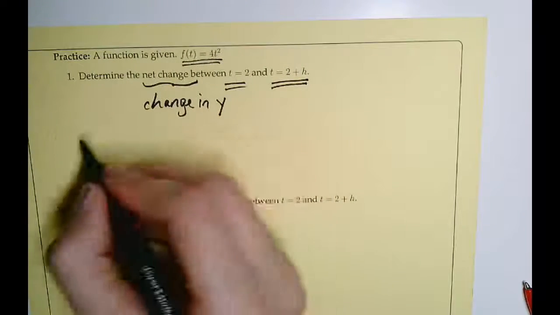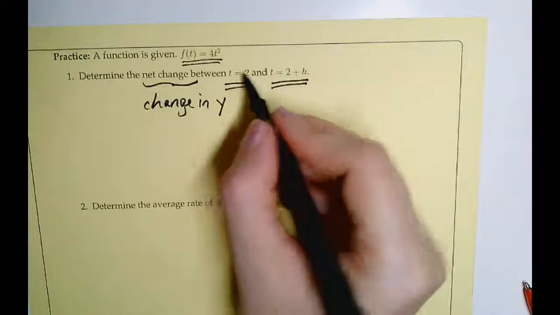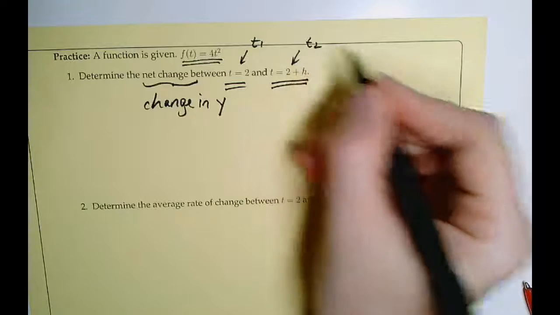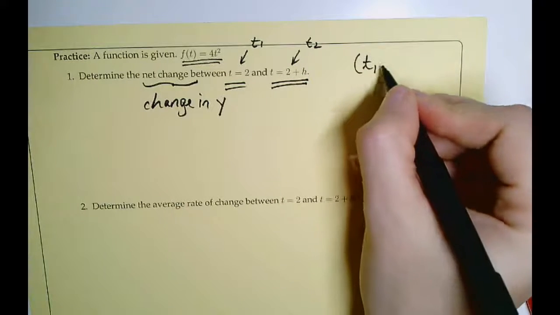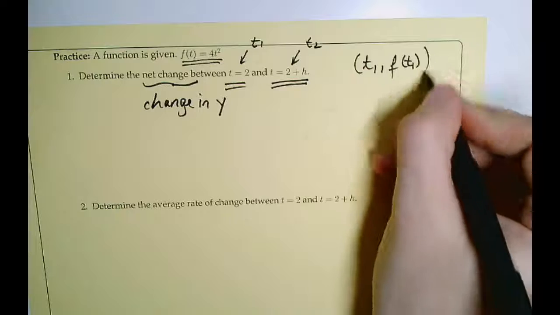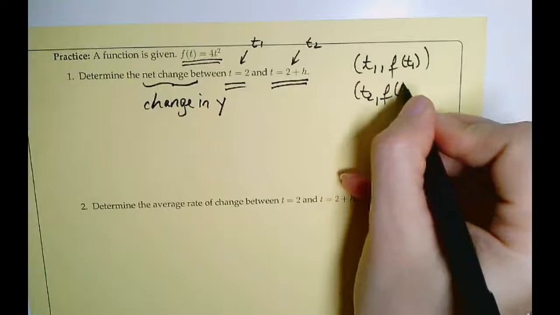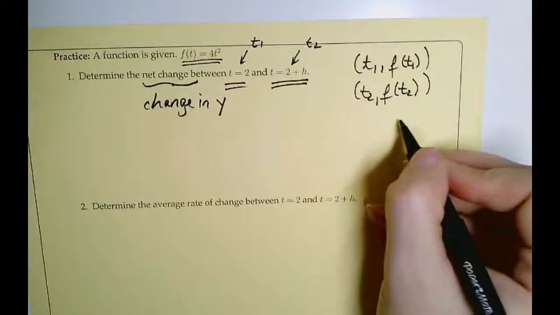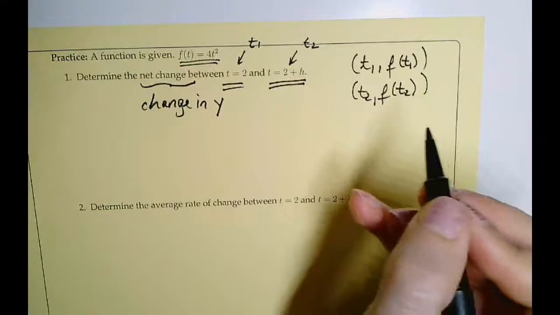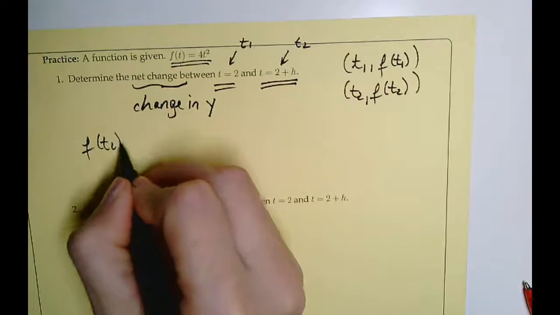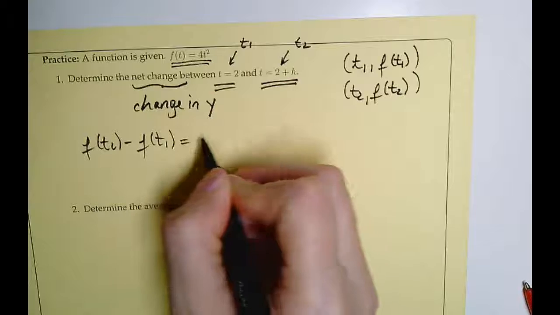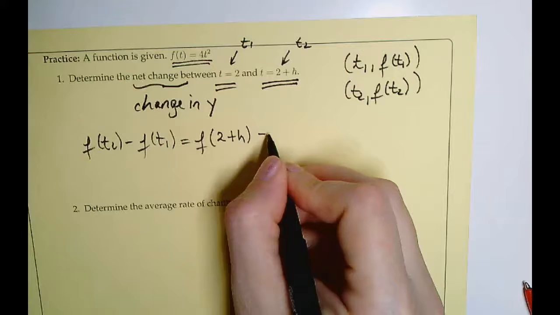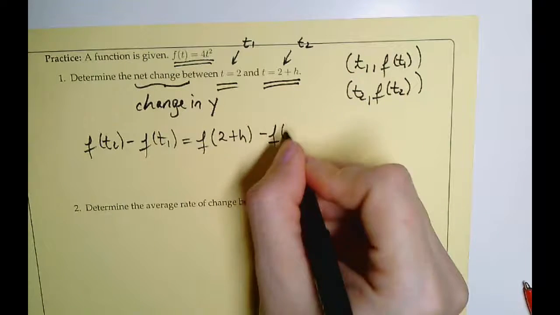So if I let this be my T1 and this would be my T2, the 2 points that I'm working with are T1 and f of T1, and then T2 and f of T2. So the net change is going to be f of T2 minus f of T1. But T2 is 2 plus h, so it's f of 2 plus h minus f of 2.